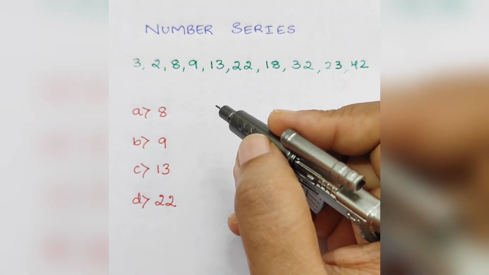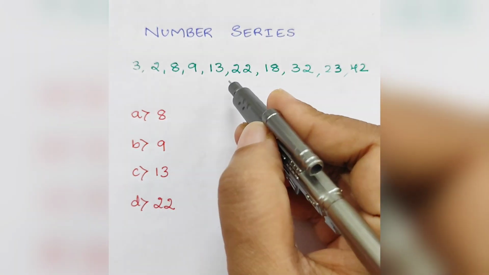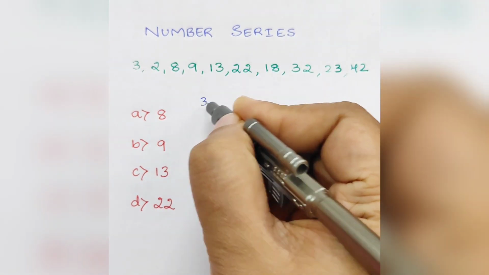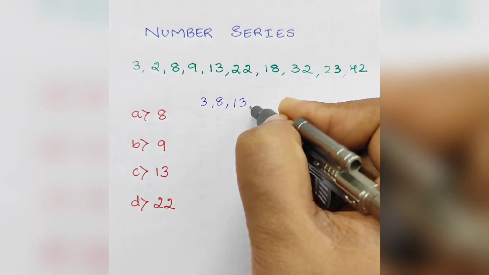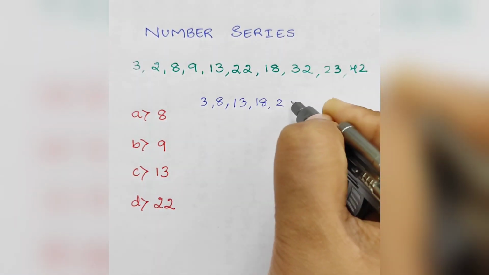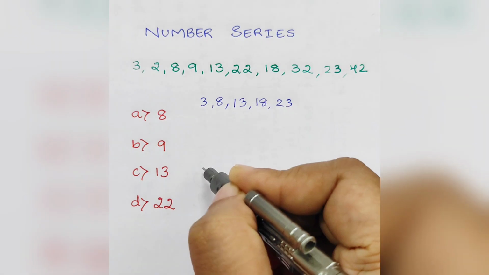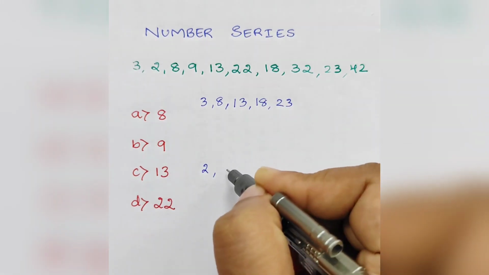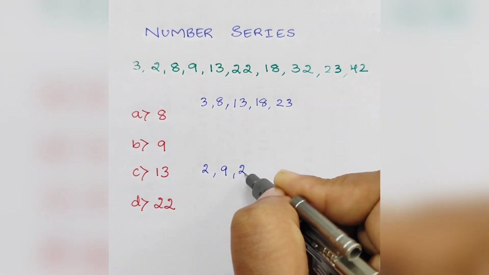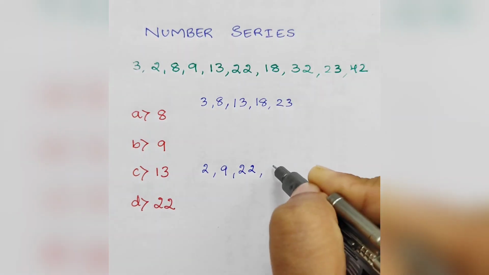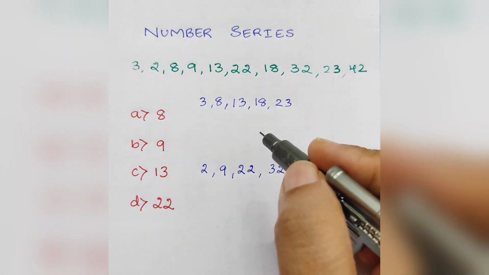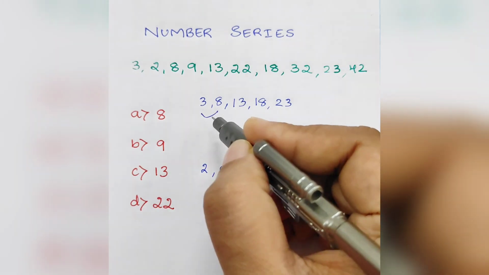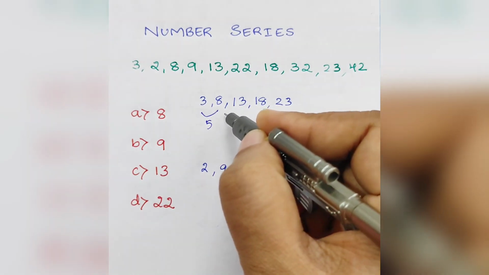Here this series is made up of two series, that is 3, 8, 13, 18, 23 and 2, 9, 22, 32, 42. So here the difference is 5.